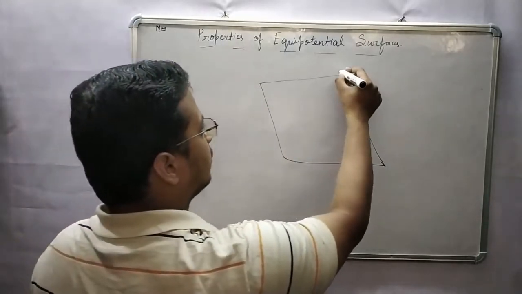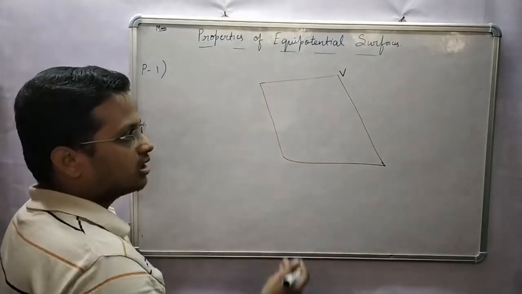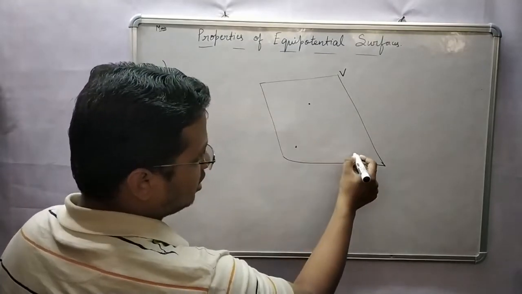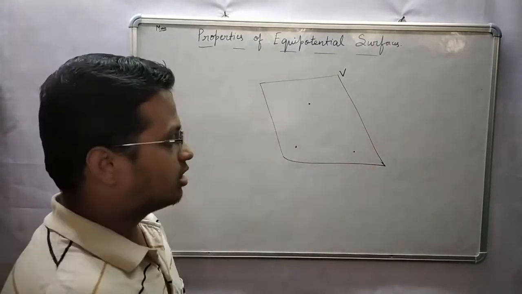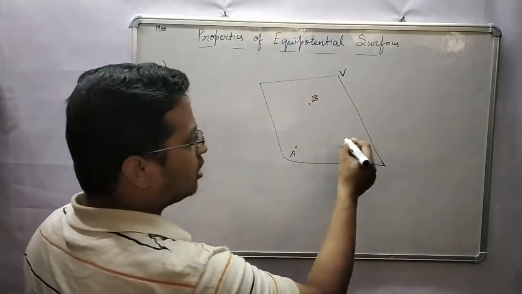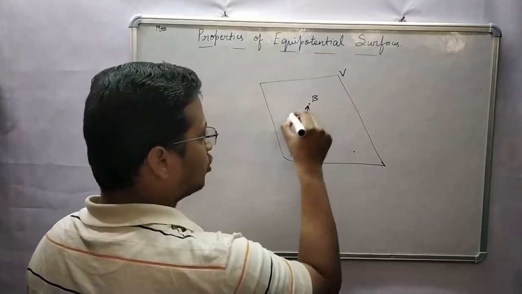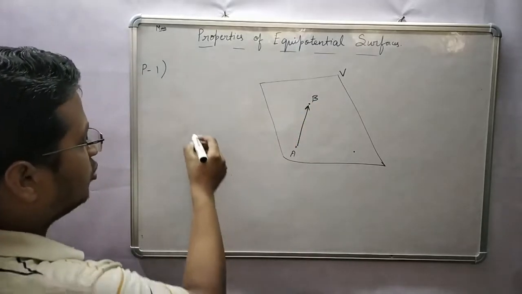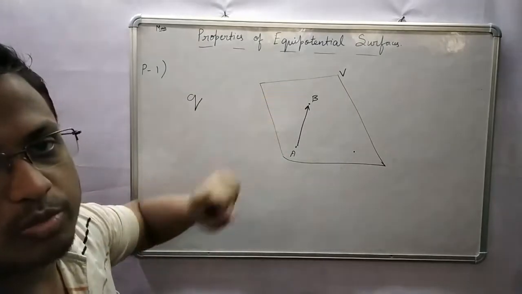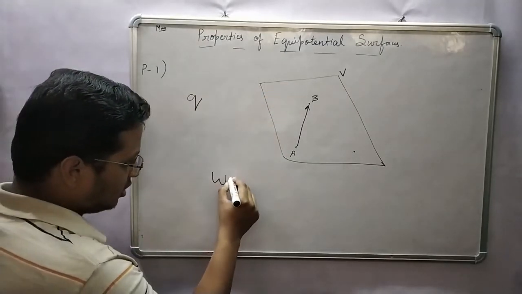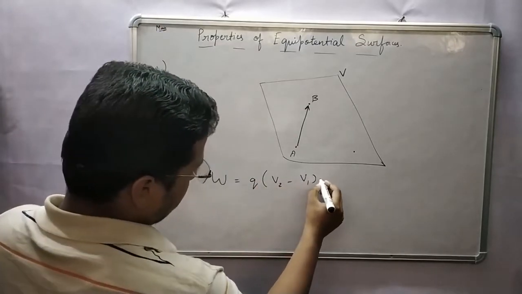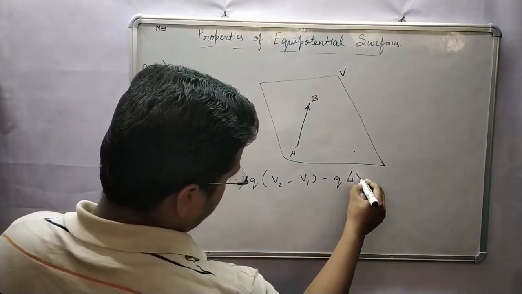So potential of this surface is suppose V. That means at this point the potential is V. Here also potential is V. Here also potential is V. So suppose this point is A and this point is B. You want to move a charge from A to B. So suppose you want to move a charge of magnitude Q from A to B. As you know, work done is Q(V2 minus V1) or Q into delta V.